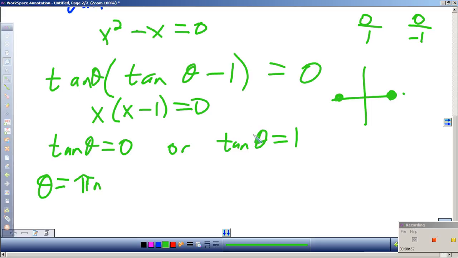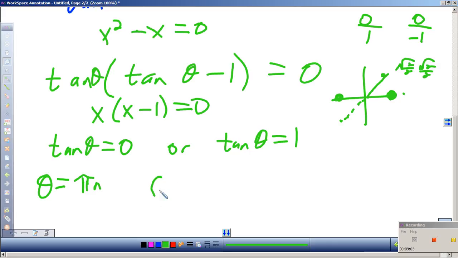Okay, so then this one. Where does tangent theta equal 1? Pi over 4. So you'd have up here where they're both root 2 over 2 and root 2 over 2. That's 1, so that's one of them. And the opposite would be over there. How far are they apart? Pi.